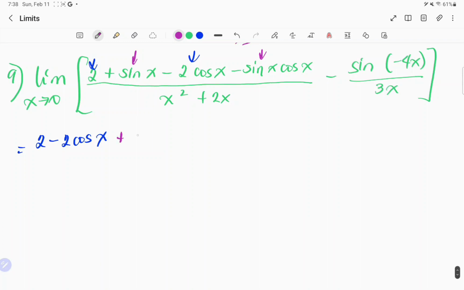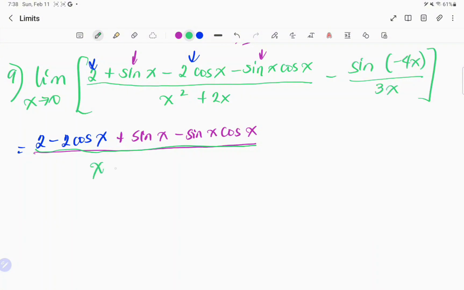So we have plus sine x minus sine x cosine x. So what I am going to do is factor it out later by using factoring by grouping. While the denominator can be factored out already, and the common factor is x. Both terms have x's, so we have x and x plus 2.